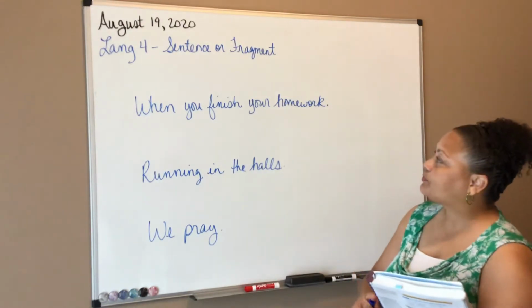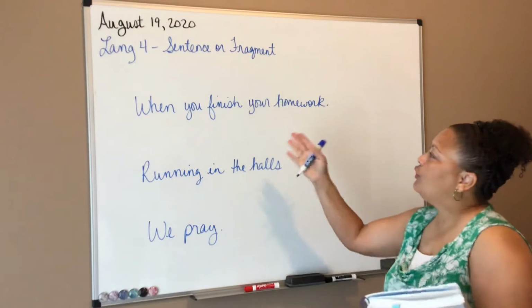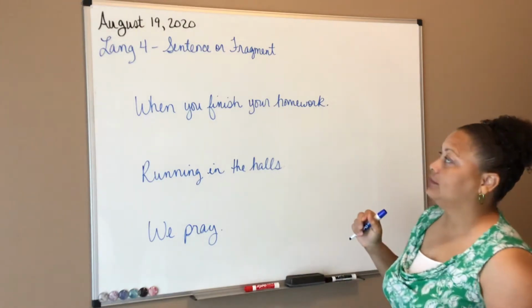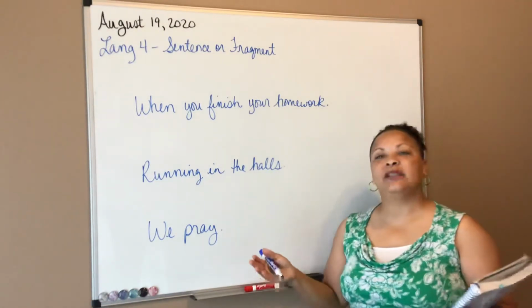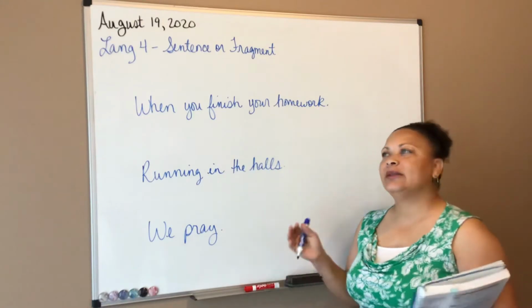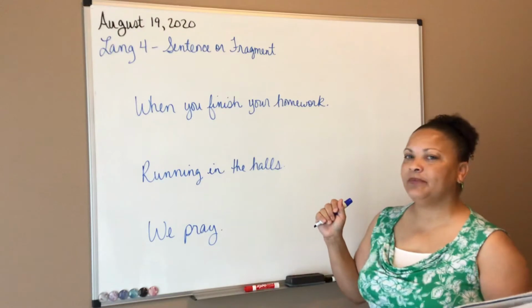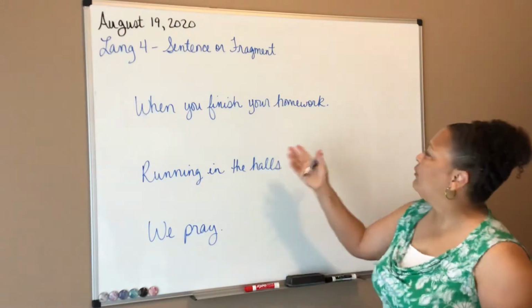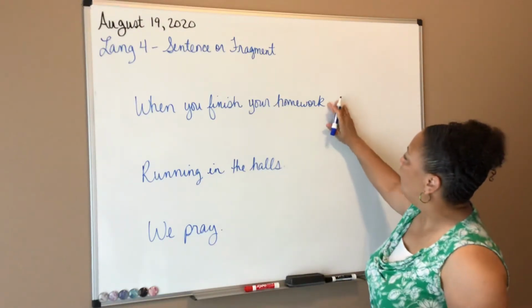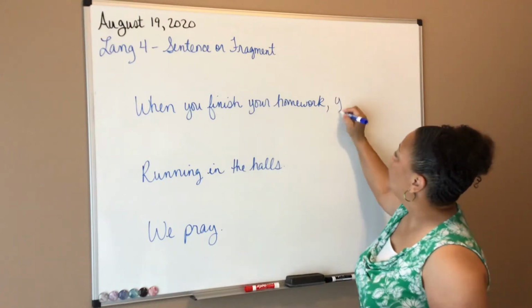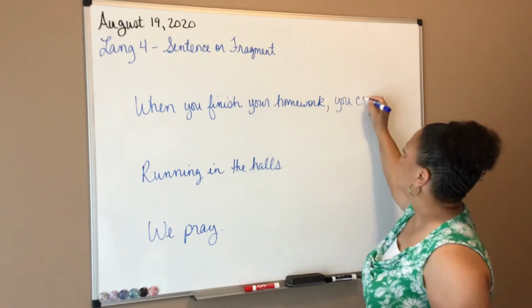So, when you finish your homework, does that express a complete thought? Does it tell you what happens when you finish your homework? Not really. But if we add a piece to it: when you finish your homework, you can play outside.